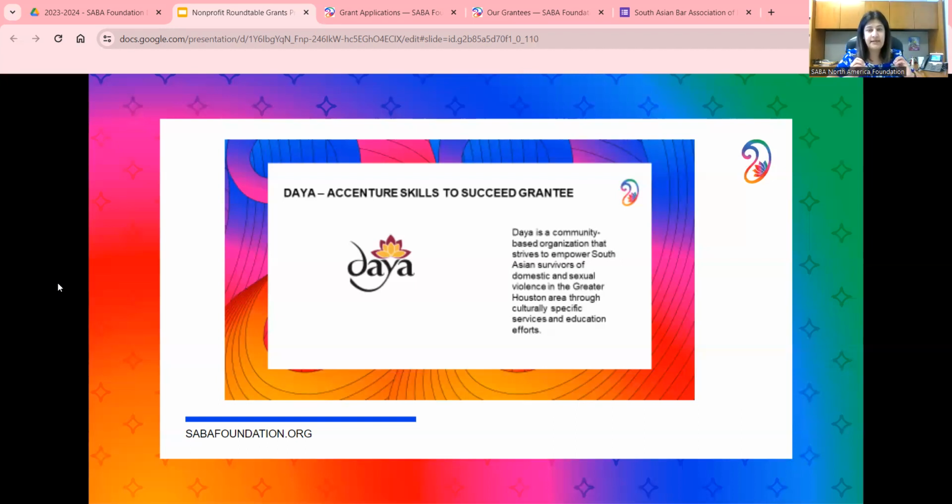So this provided a very clear picture of how the communities they were serving were being presented with these skills to succeed, and hence they were awarded this grant.